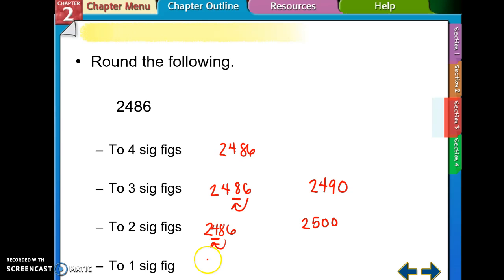And then to 1 significant figure, if I've got 2,486, that 2 is what I'm looking at. The 4 is not going to cause it to round up, so it would be 2,000. So that is how we round when we are taking into account significant figures. Thanks for your attention.